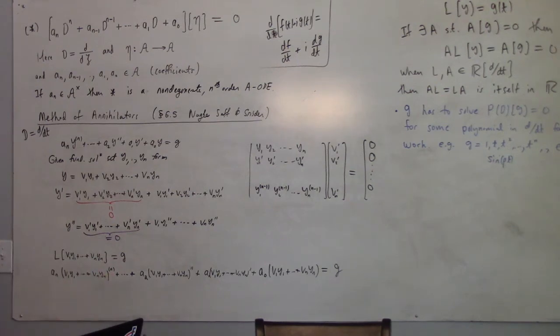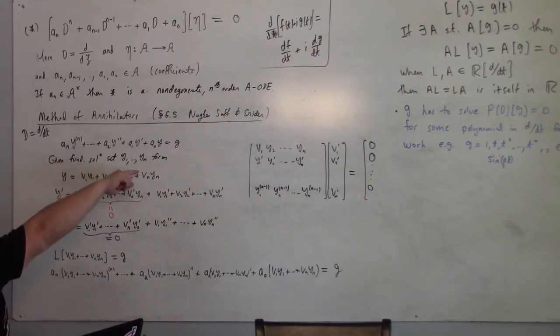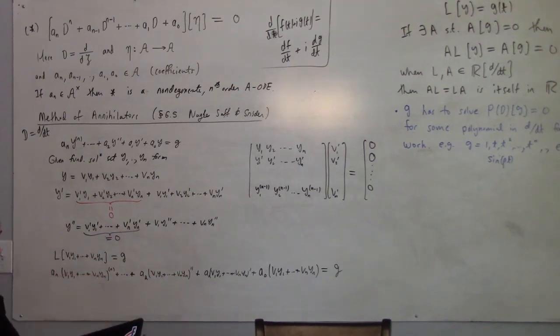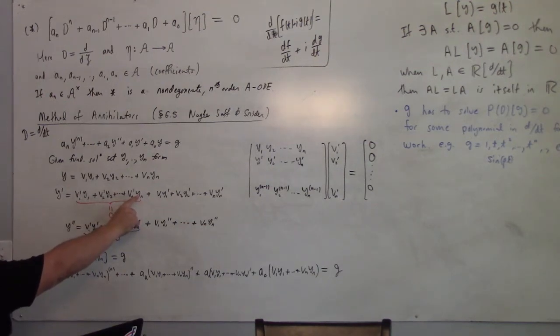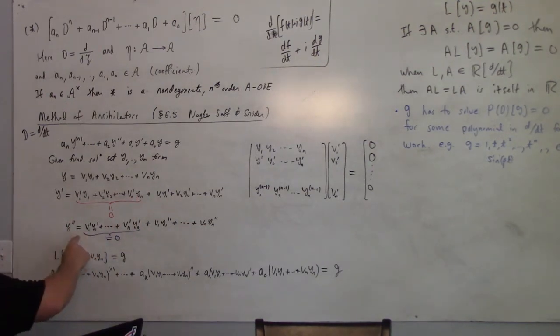I'm going to wait till you catch up with me, because you need to see what I'm doing. Okay, so you plugged y back in. Yeah, I plugged the alleged solution back into the differential equation it has to solve. When we perform this differentiation, like the first one, you end up with 2n terms. N of those sum to 0 in the first derivative, and then in the second derivative these go to 0, and so on.